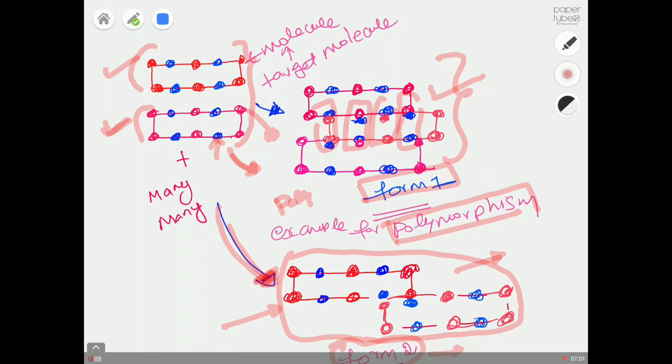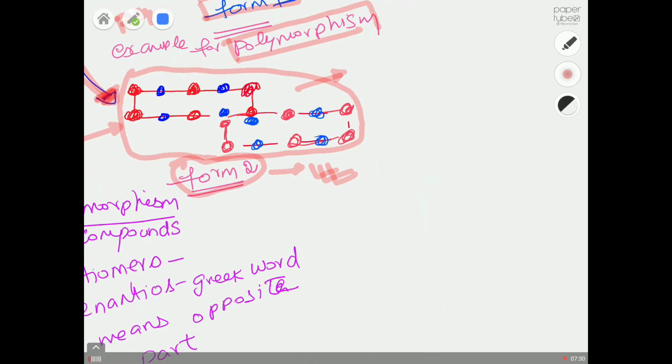So why are we talking about this? I already talked a lot about nucleation and crystal growth. But in industry, imagine that form 1 is the one which is going to do the job, say cure some disease, and this other one doesn't have any therapeutic potential, or maybe its bioavailability is poor.